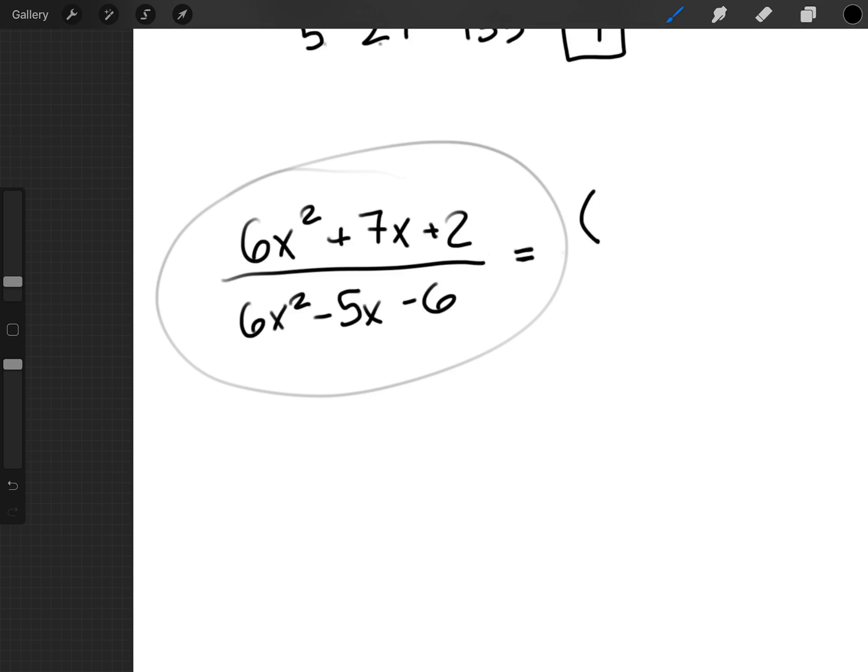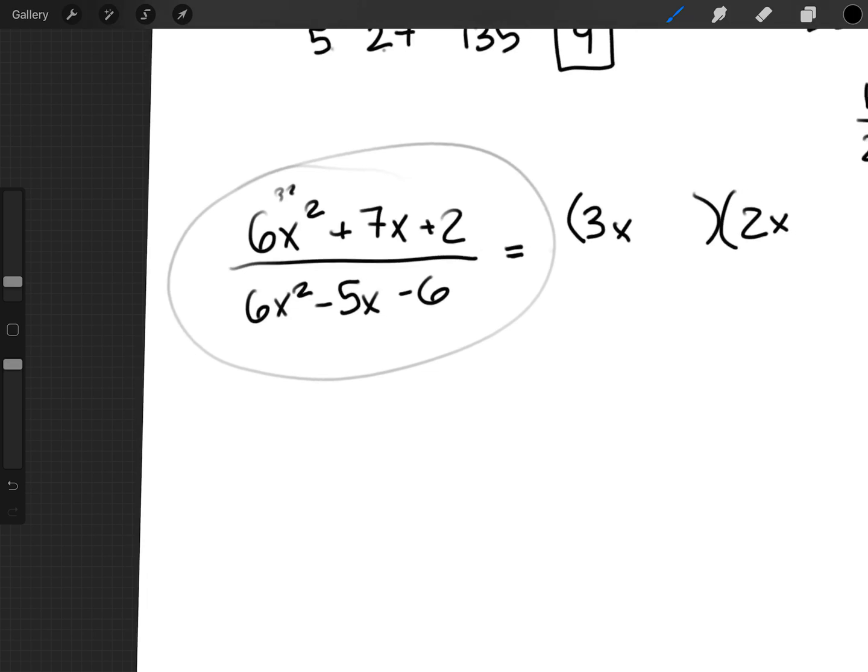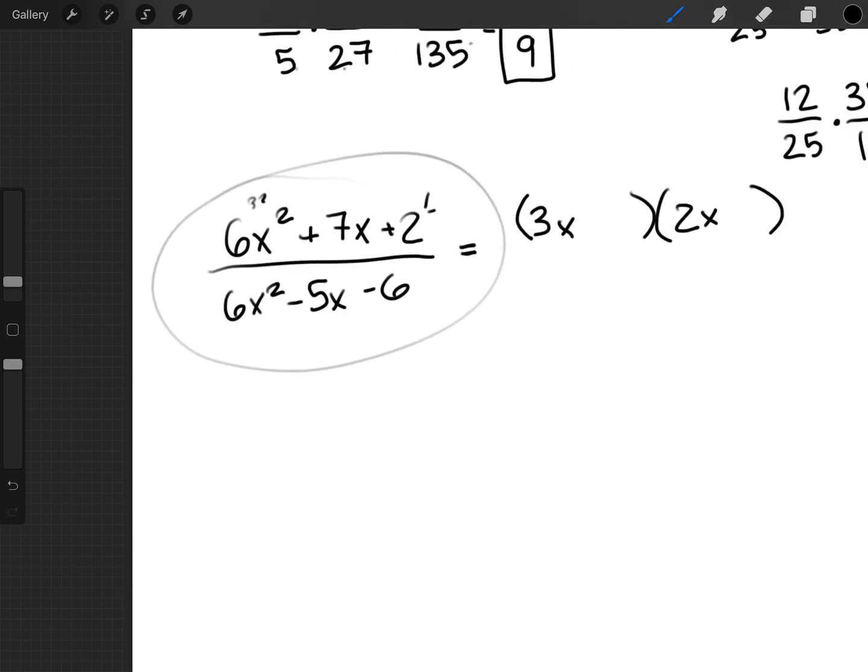So this would become 3 times 2 is 6, so 3x times 2x. And this can only be 2 and 1. And so you want the 3 to be able to multiply by 1, and the 2 by 2, because that's 4, and 4 plus 3 equals 7. So, plus 1, plus 2, and the same thing with this one, except you're going to do 3x plus 2.